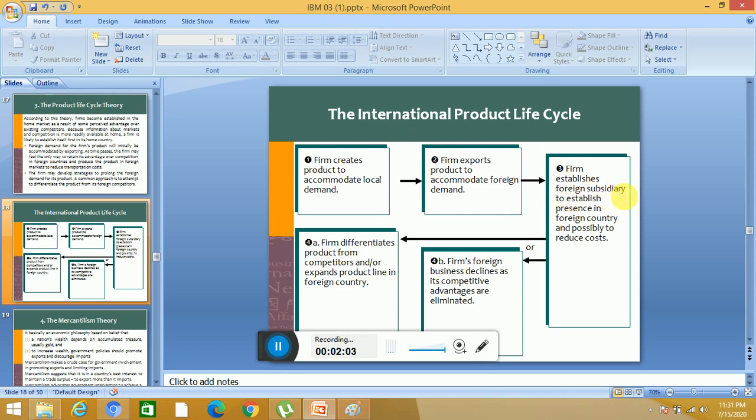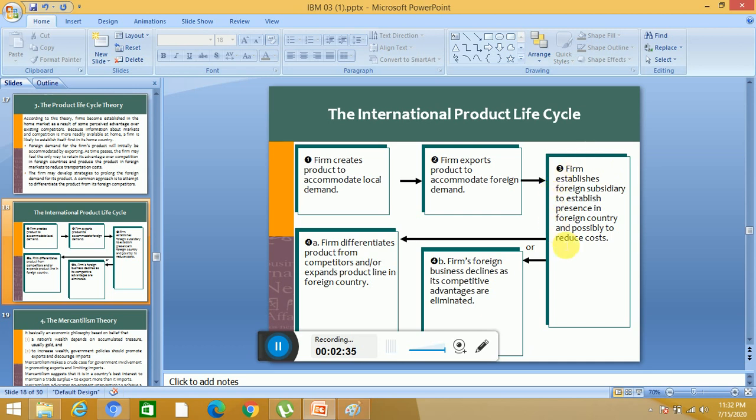The firm establishes a foreign subsidiary. They will establish a foreign subsidiary to establish presence in the foreign country and possibly to reduce cost. When their business expands and their demand increases, now the exporting strategy will be costly for them, because transportation cost is the biggest cost.